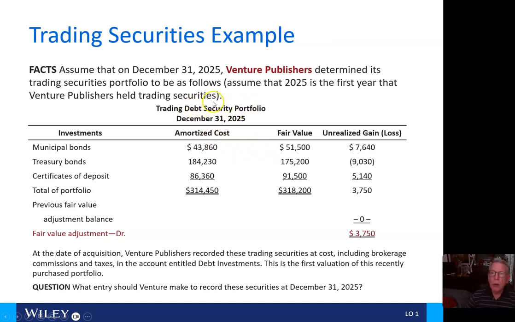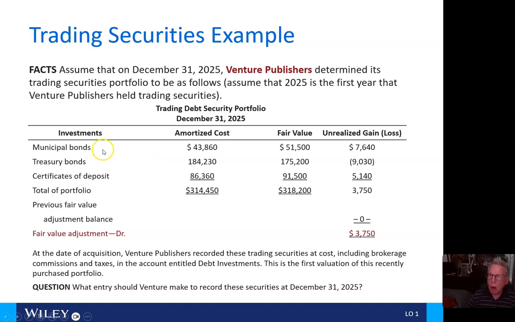Here, we're going to assume on December 31, 2025, Venture Publishers determined its trading securities portfolio to be as follows. And we're going to assume that 2025 is the first year that Venture Publishers held those trading securities.